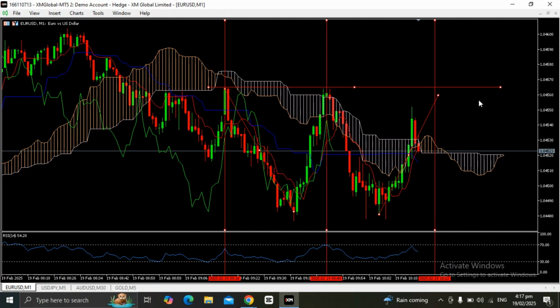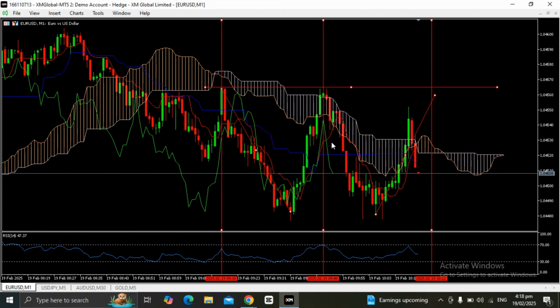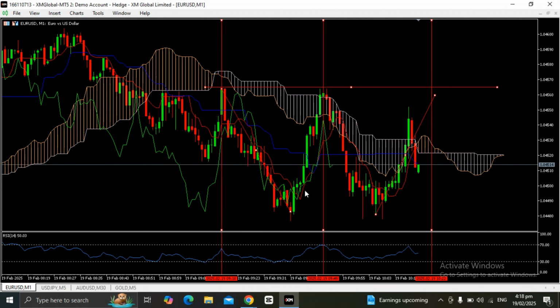But of course, the W pattern doesn't mean that it's always right. If it fails, then you have to look for support. Obviously for this pattern, the biggest support is on this line here.